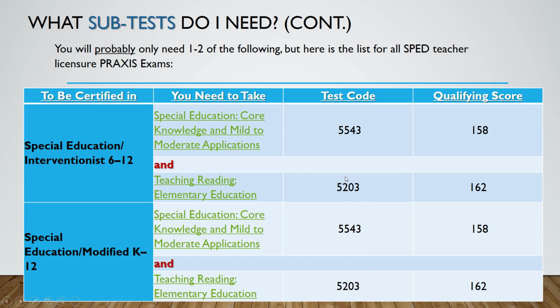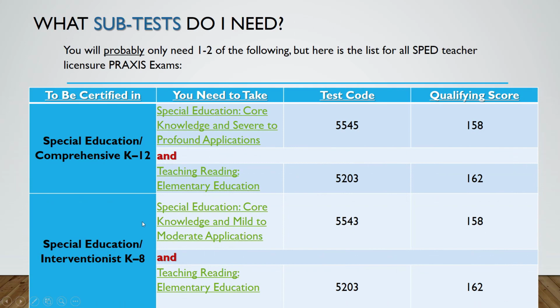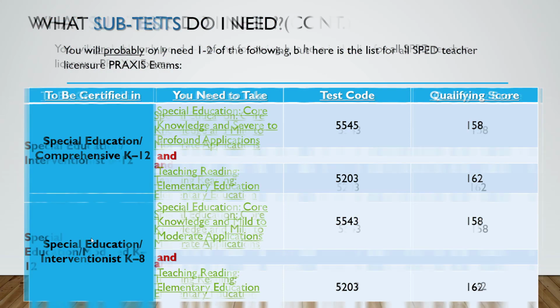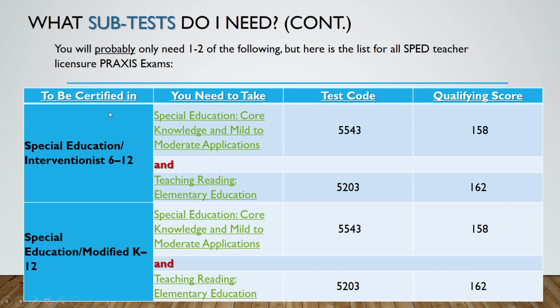However, when you register, you have to declare which one you're going to be looking toward getting certified in. We highly recommend you look at the Special Education Interventionist K through 8 or the Special Education Interventionist 6 through 12. The tests are the same, but again, you have to declare which certification you'll be trying to get.